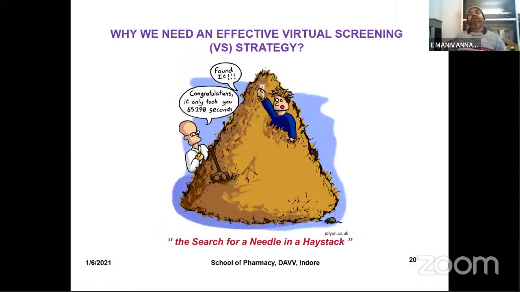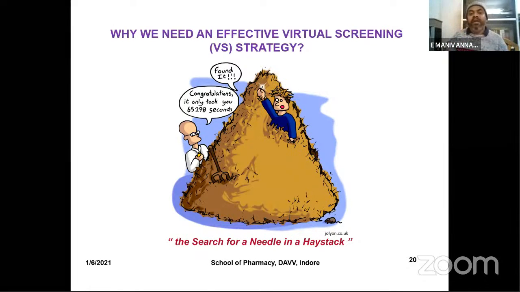So why do we need an effective virtual screening strategy? The identification of a novel bioactive molecule from a massive chemical library can be compared with this picture illustrated here. That is the identification of a needle from a huge haystack.